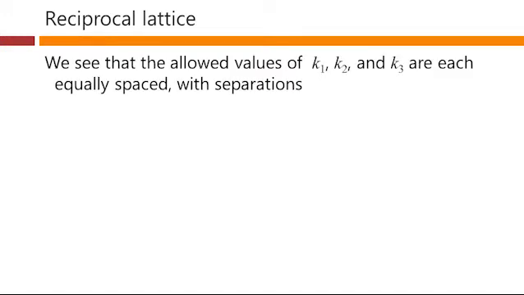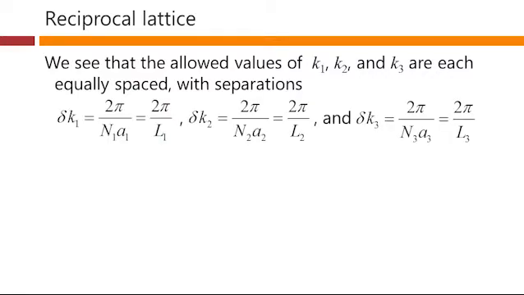We see that we have allowed values of k1 and k2 and k3 that are each equally spaced, now with separations 2π over L1 for the separation between allowed k values in the k1 direction, and 2π over L2 in the k2 direction for the separation between adjacent allowed k2 values, and similarly 2π over L3 for the separation between allowed k3 values.